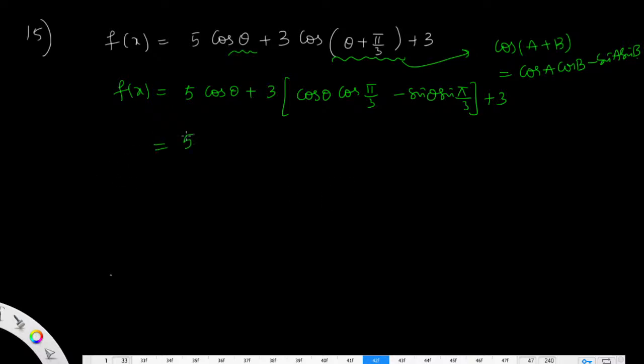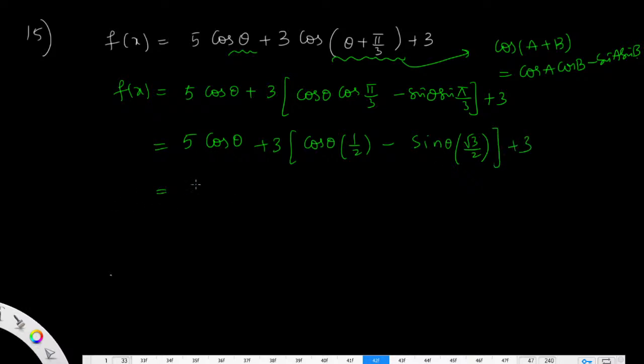Cos pi by 3 is 1 by 2, and sin pi by 3 is root 3 by 2.